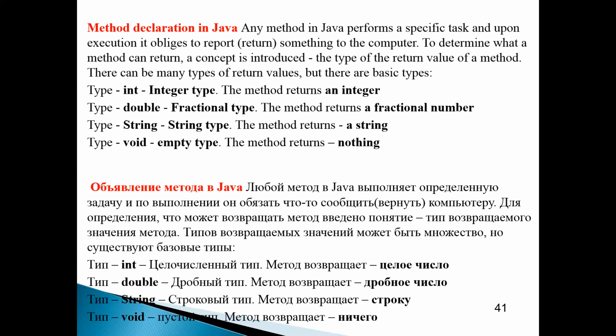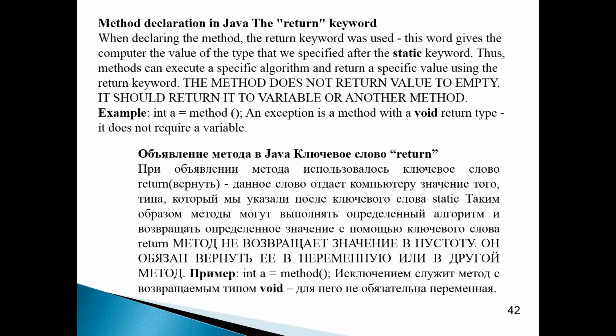Method declaration in Java, the return keyword. When declaring the method, the return keyword was used. This word gives the computer the value of the type that we specify after the static keyword.